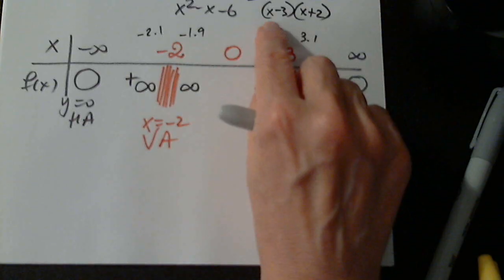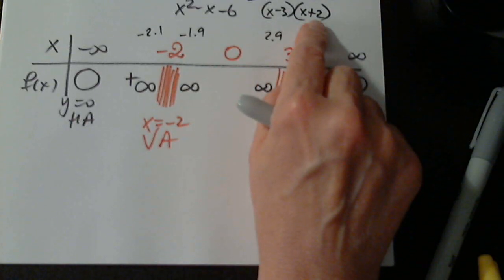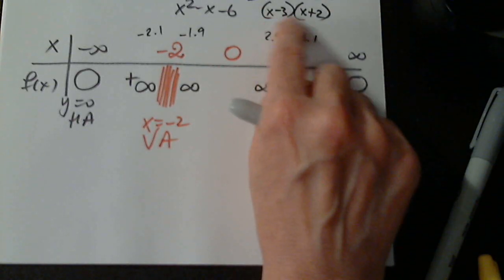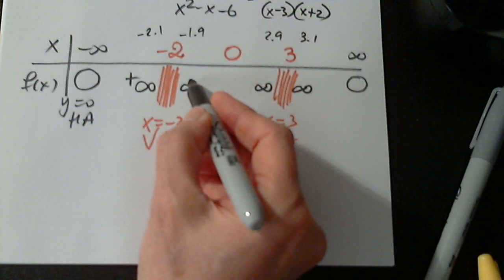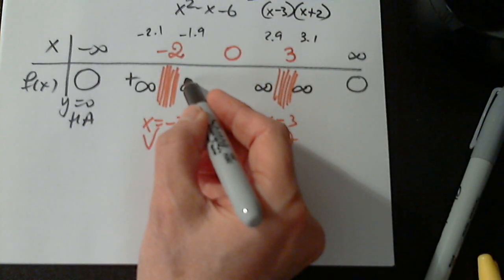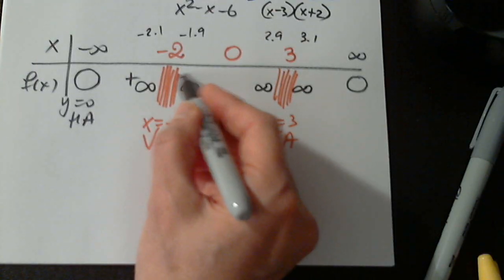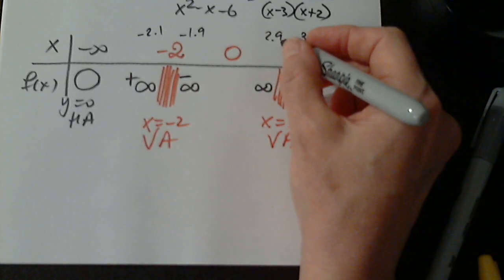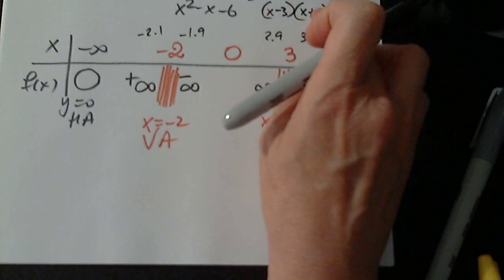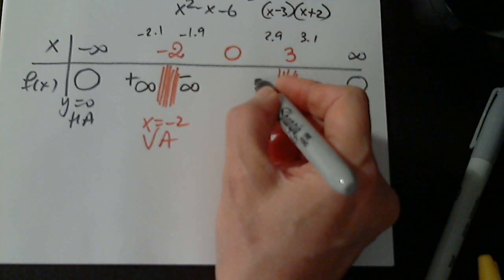Negative 1.9, this is negative, but this becomes positive. So this is negative and this is positive. Sign. Negative. Perfect. Now with 2.9, this is negative, this is positive. Sign.